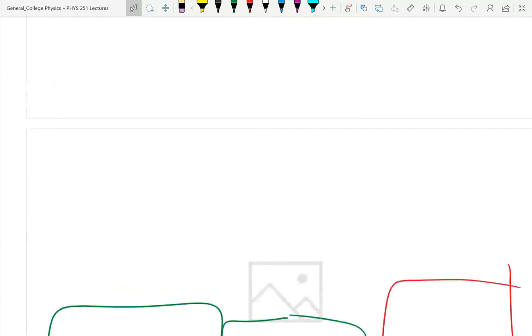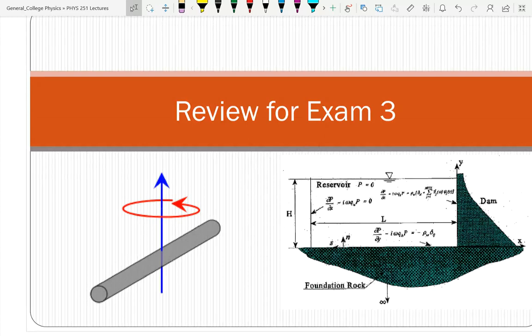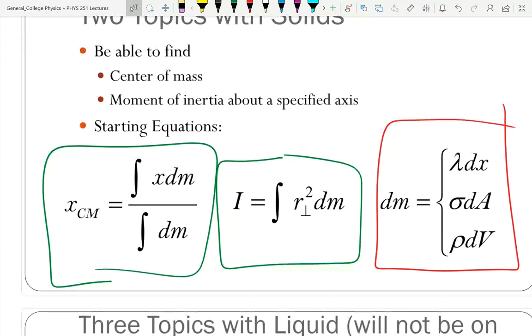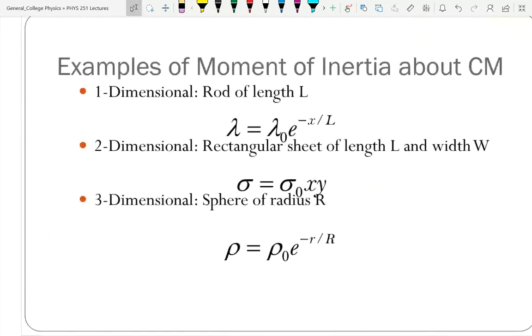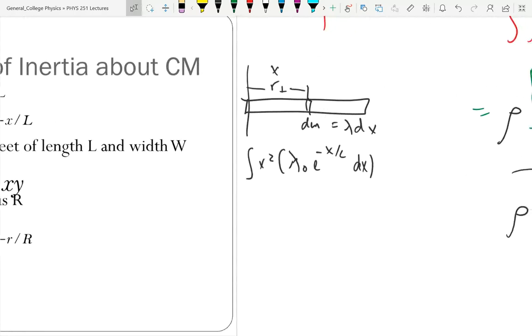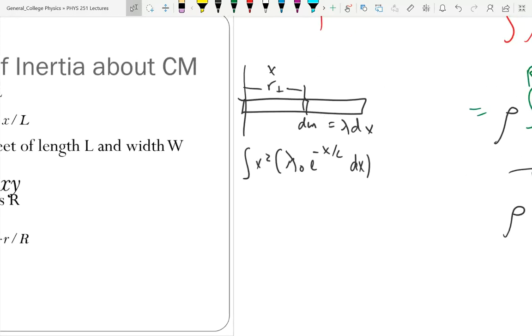The starting equation is r perpendicular squared dm. And so I put in the value for r perpendicular and of course squared it. So that's why it's x squared. And then the dm is lambda dx. So now this is x squared e to the minus x over L.